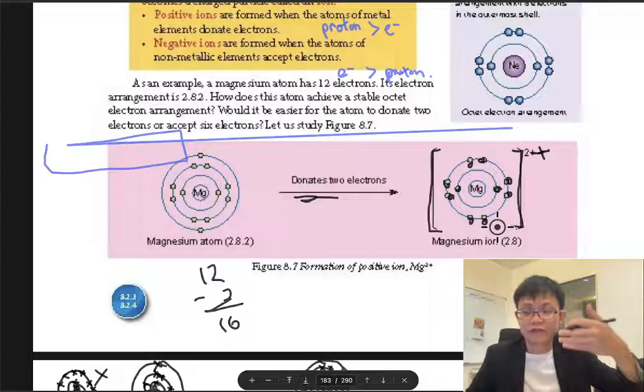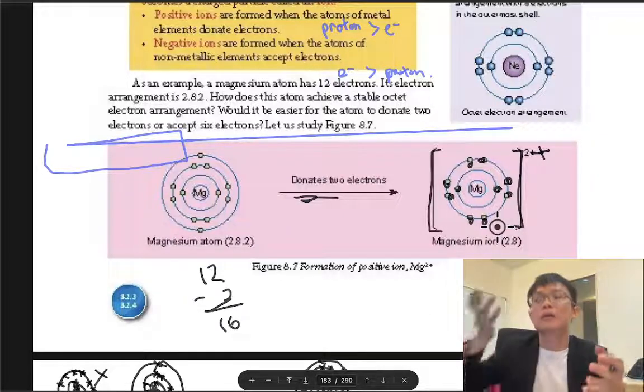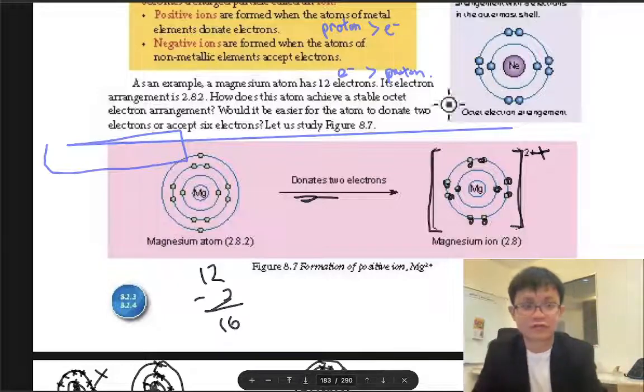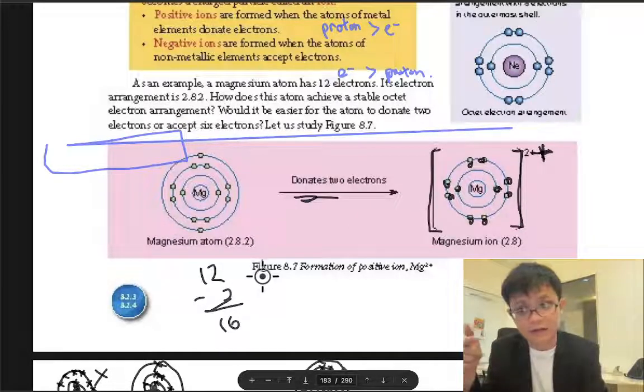So now you give away the electrons already. Which one is more, proton or electron? Protons are more than electrons. So that is why I put plus here. Plus by how many? 12 minus 2, because the question says give 2 electrons. 12 minus 2 is 10, 10 electrons, so I draw 10.